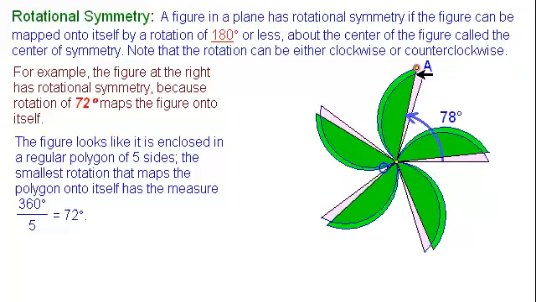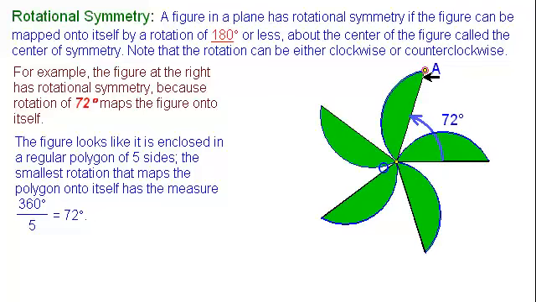For example, if the least rotational symmetry of this figure is 72 degrees, which is positive, counterclockwise, and I ask how much the clockwise rotational symmetry is, we can find it by calculating.